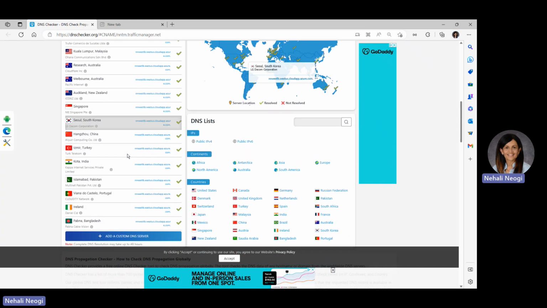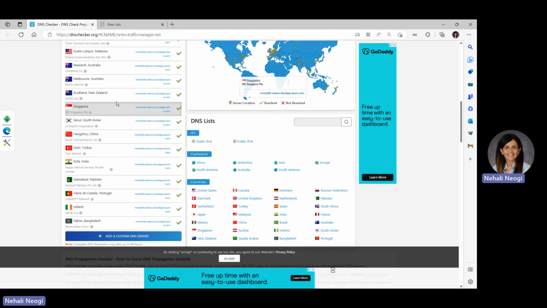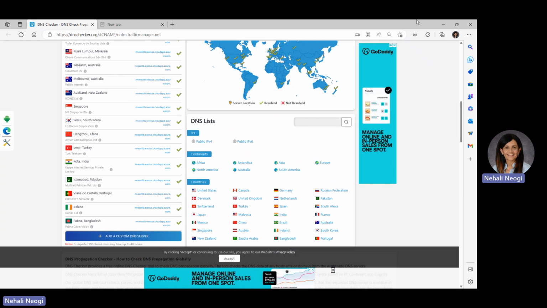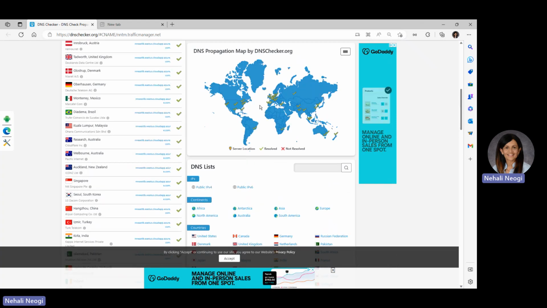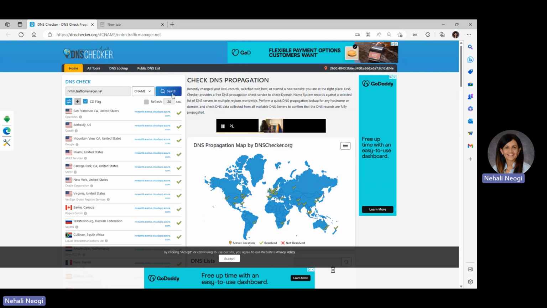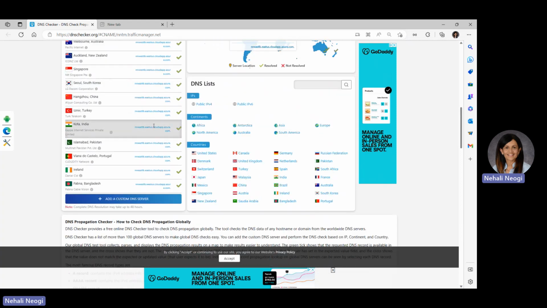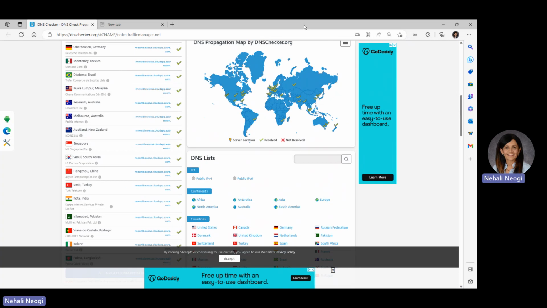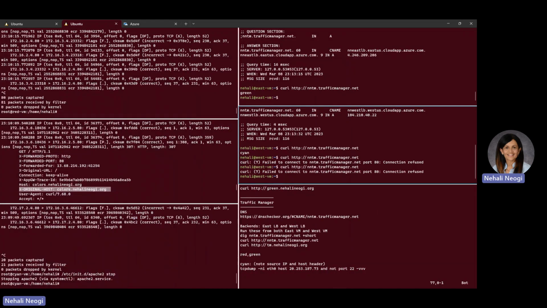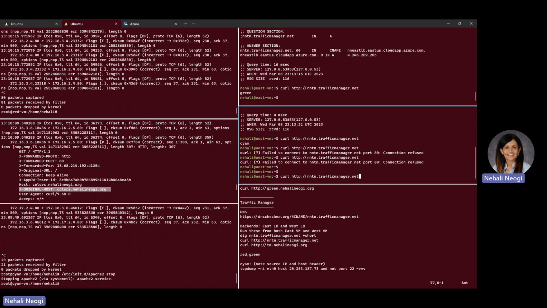For example, Singapore and Auckland are still seeing the West LB, and those might still be broken. It sometimes takes a while for the DNS TTL to taper off. So just be aware of the dependency on DNS when you use the traffic manager.